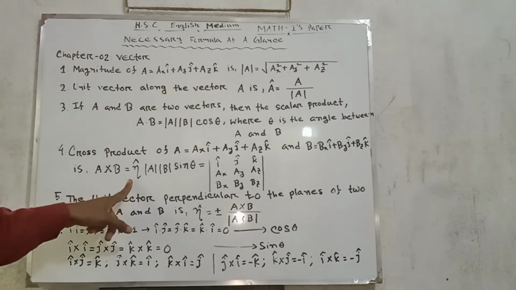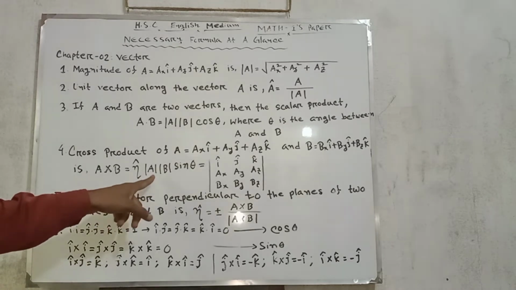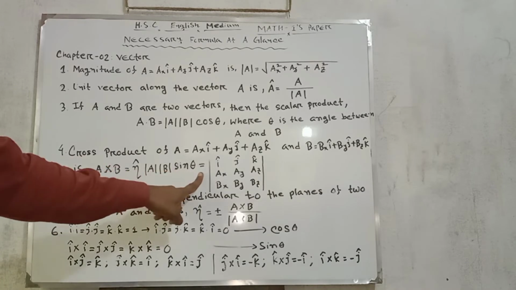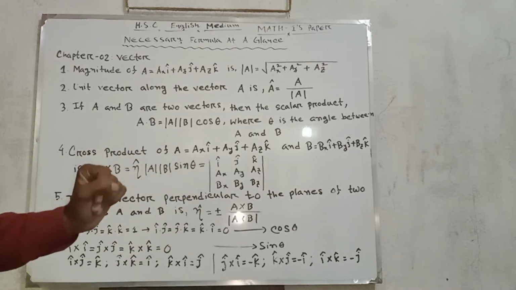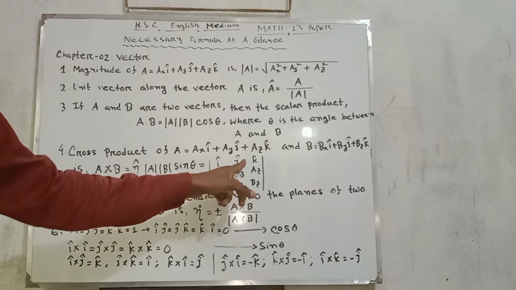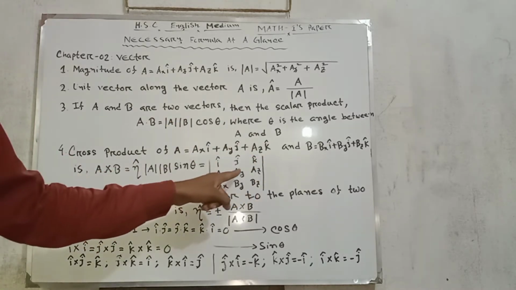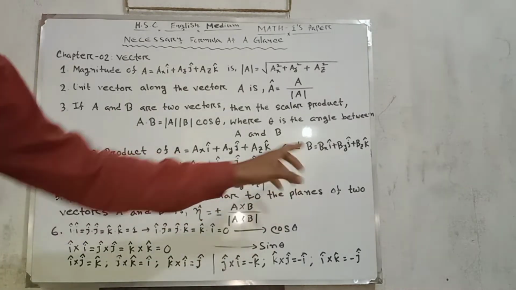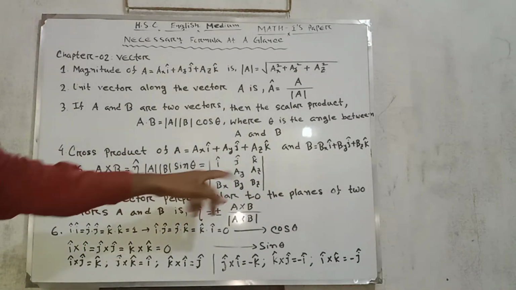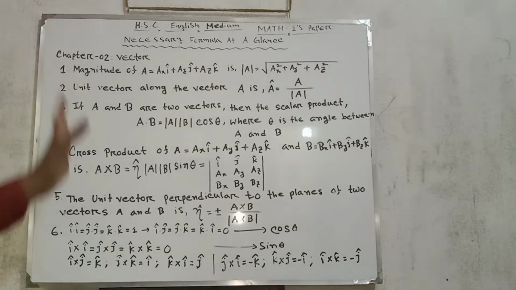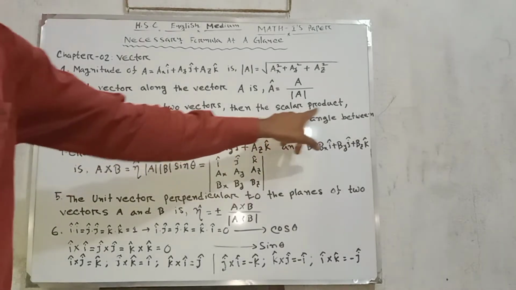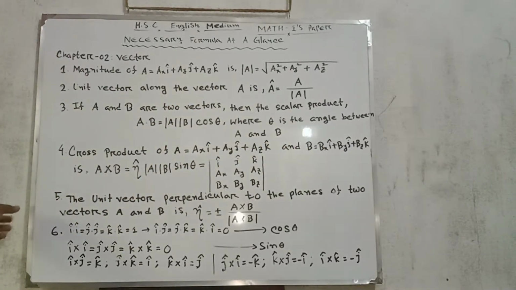So A cross B equals eta times modulus of A multiplied by modulus of B multiplied by sin theta, equals the determinant of I, J, K, Ax, Ay, Az, Bx, By, Bz. It is the formula of cross product, before the formula of scalar product.